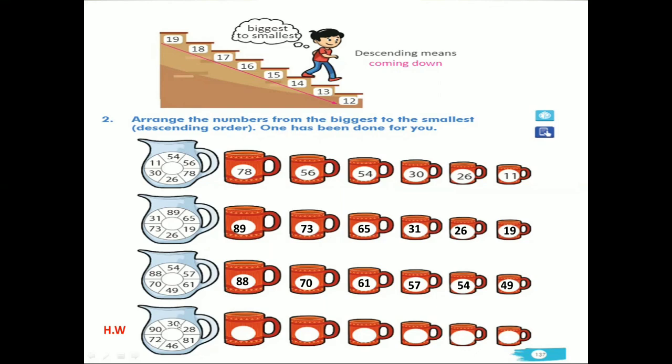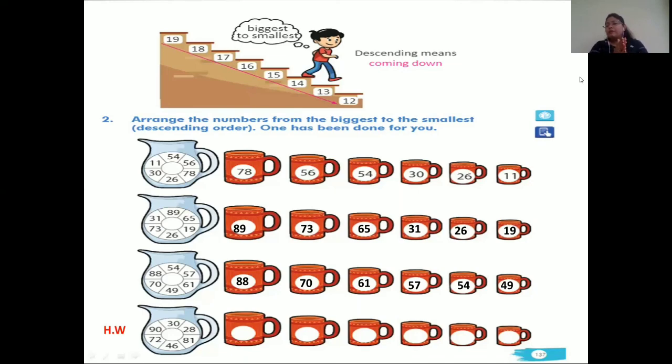Okay, don't forget to revise how we can count the numbers, and how we can find out the larger one and the smaller one. Complete it and revise it again and again. When you revise it, you come to understand how we can find the descending order and ascending order. So students, revise one more time.